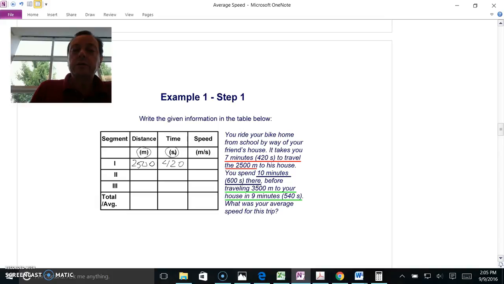And you spend 10 minutes or 600 seconds there, but you also travel no distance. And then finally returning to your house, it's 540 seconds and 3,500 meters.